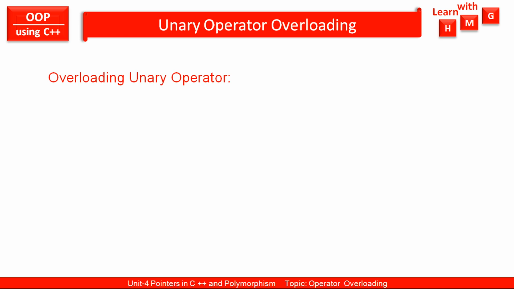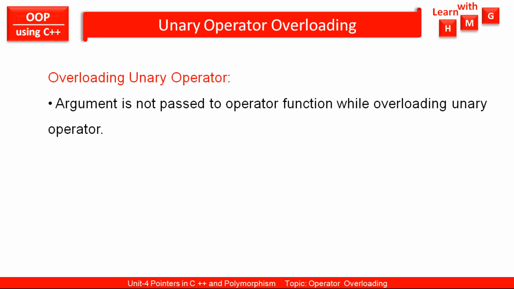How to overload a unary operator, we have studied, but now let us see what is exactly happening regarding the argument. We have seen in the format that no argument is passed to the operator function while overloading a unary operator. So whenever you are overloading a unary operator, there should not be any argument passed to that operator function.